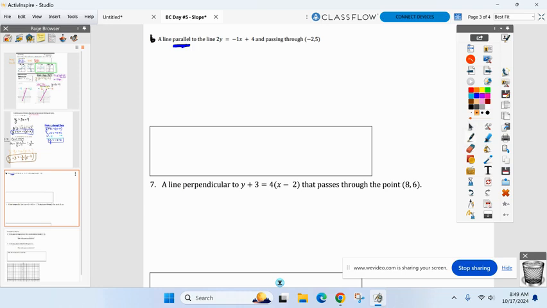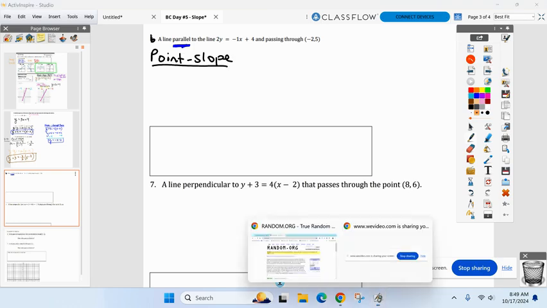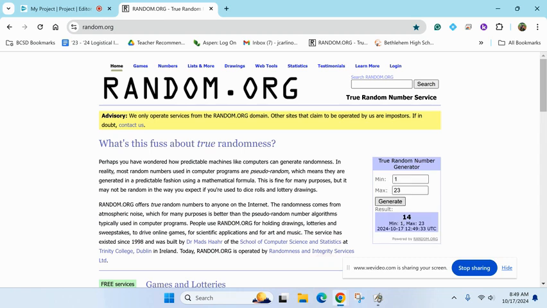I do have a point, so what method would probably be the easiest for me, slope intercept or point slope? Probably point slope form, right? What do you have and what do you not have here?